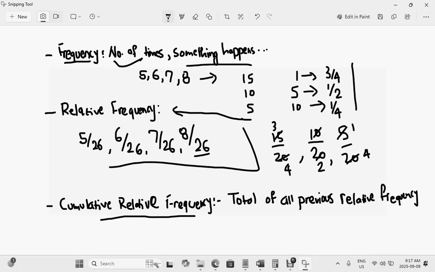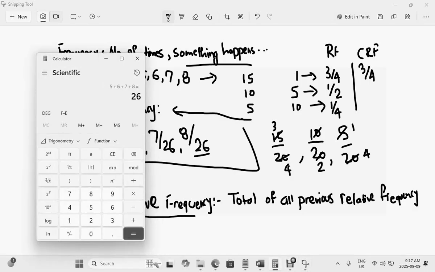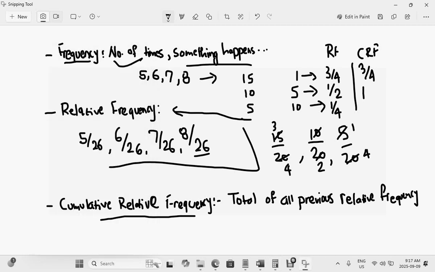Now this is your relative frequency. So your cumulative relative frequency would stay at 3/4 here. Then you add 3/4 and 1/2. We know that 0.75 plus 0.50 will be 1.25. So over here, your cumulative relative frequency is 1.25.